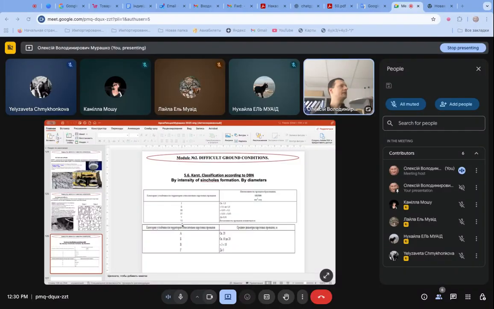So the first classification is connected with the amount of sinkholes per 1 year per square kilometer.